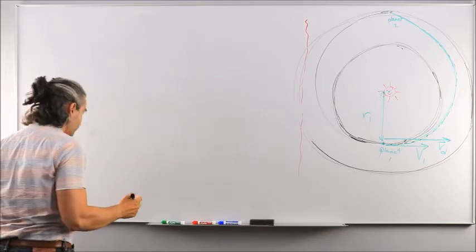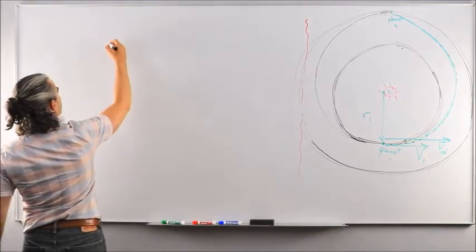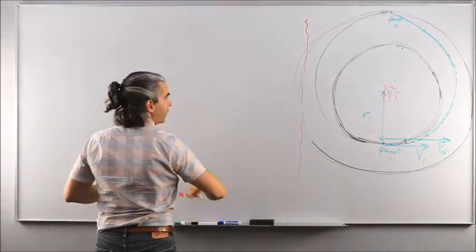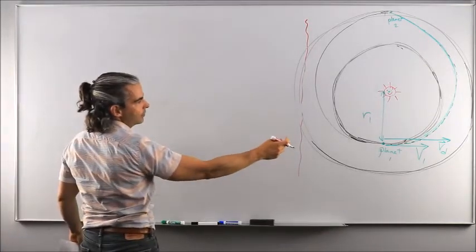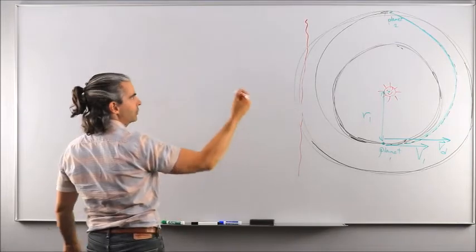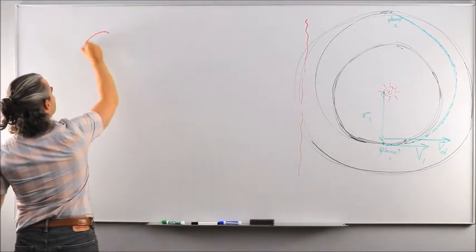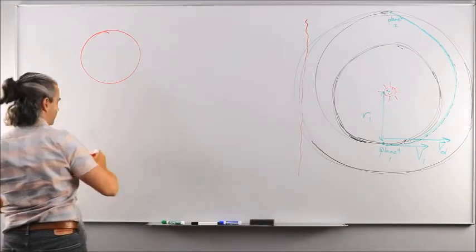But first we need to figure out, with respect to planet 2 that I'm going to draw in red. Planet 1 was blue, pretending that that was the Earth. Planet 2 could be Mars. So this is planet 2.